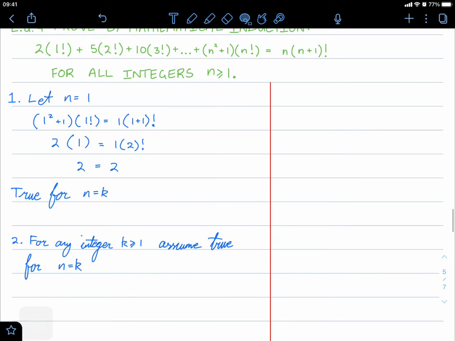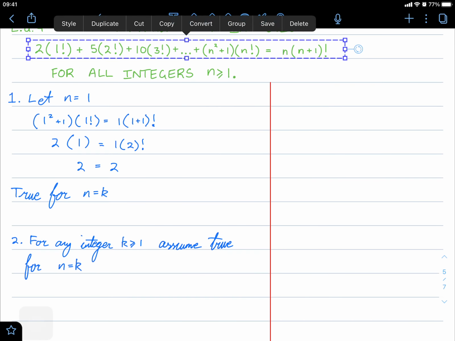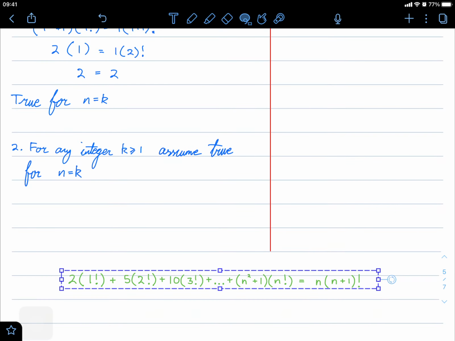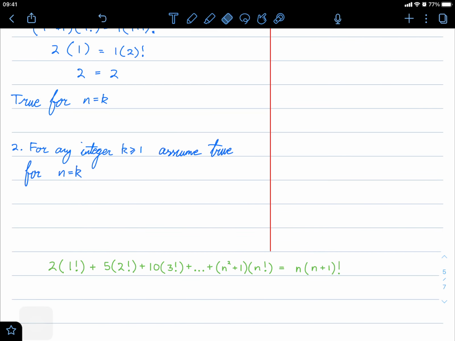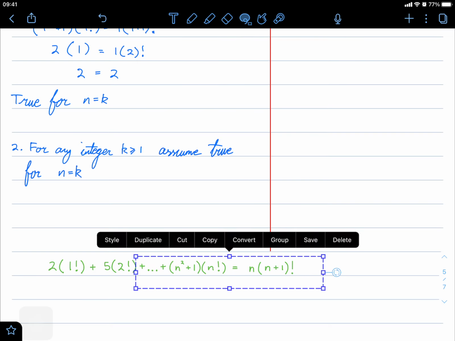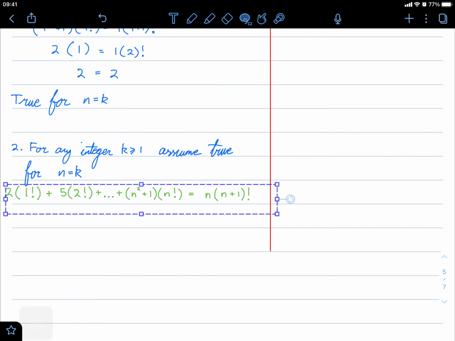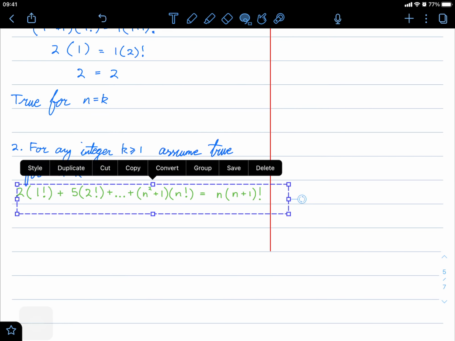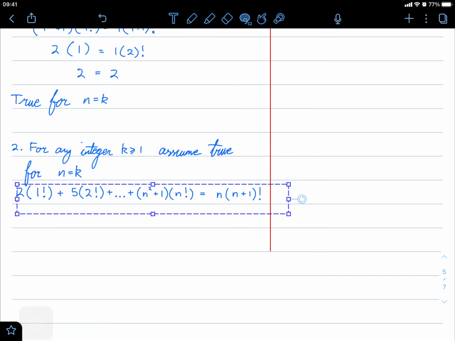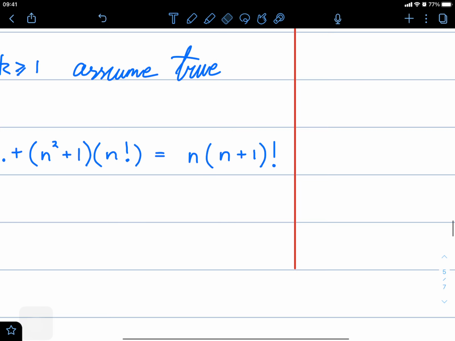So just to save time, I'm going to take this, and I highly advise you to also remove that third term because I think we get the idea. We assume true for this statement here, but instead of n, we're substituting in k.